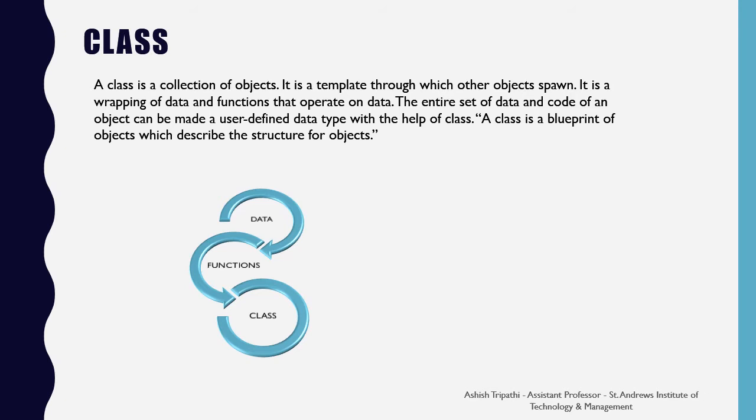The member functions act upon these data members and serve as the behavior of the object. As you can see in the diagram, data is acted upon by functions and these two make up the class. A class is also known as an abstract data type as it serves as the structure for an object.